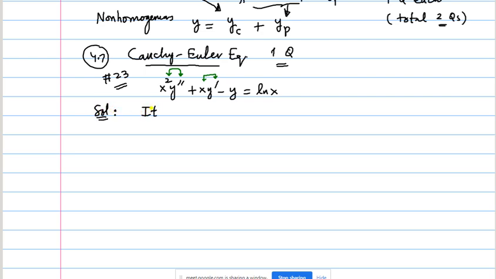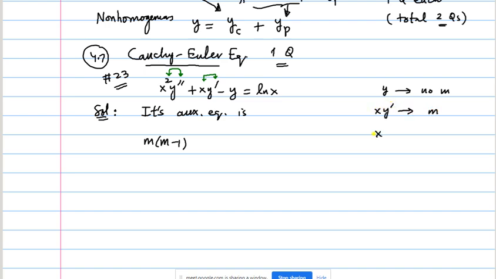Okay, so its auxiliary equation is, for the whole x squared y double prime, we write m into m minus 1. So remember, for y, no m, no power of m. For x y prime, I will write m.